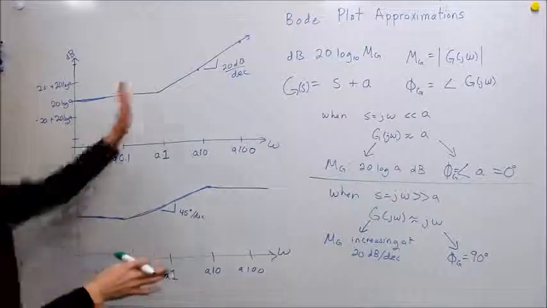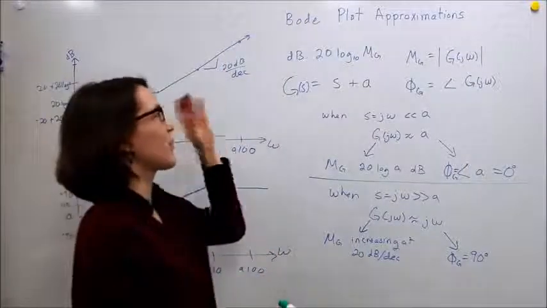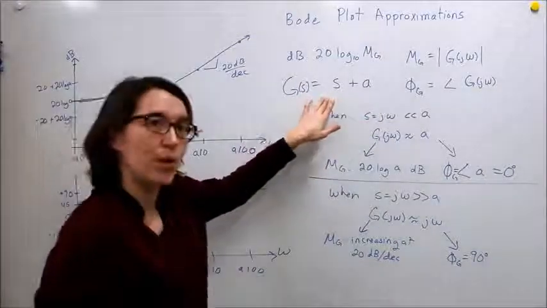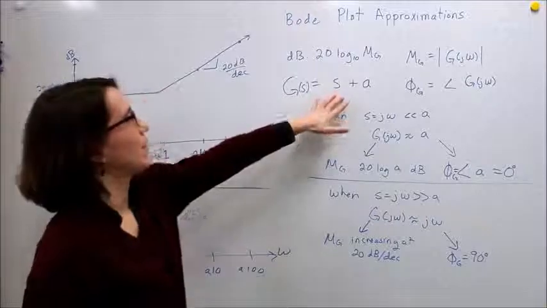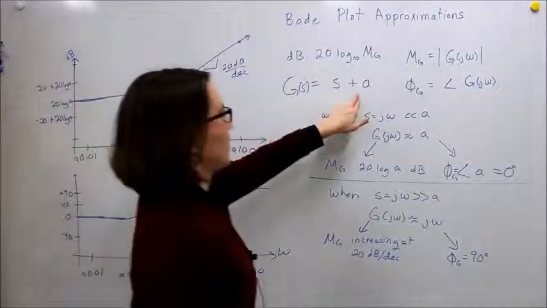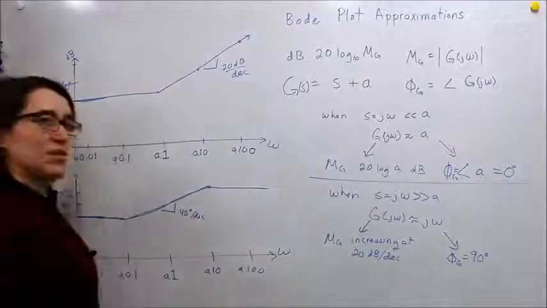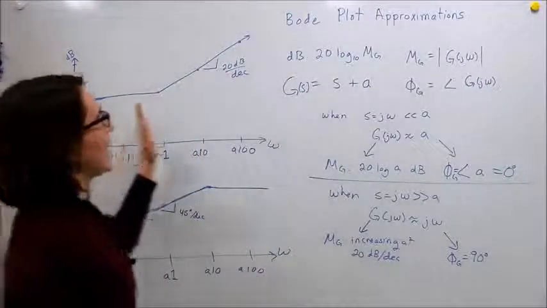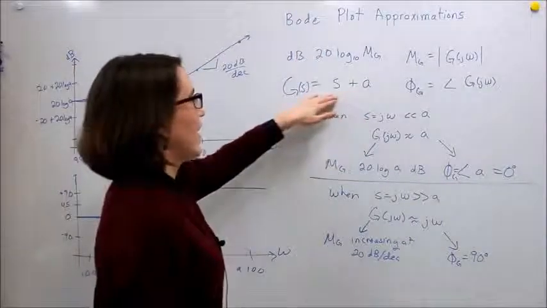Okay, so to reiterate what we've done, we're looking at a single zero and how it affects the Bode plot. We look at what it looks like before it hits a, at very small values of frequency omega, and then as it goes to infinity, how it changes.